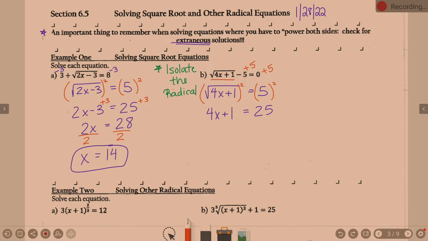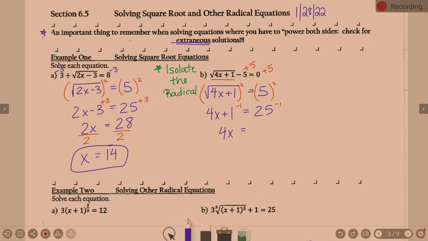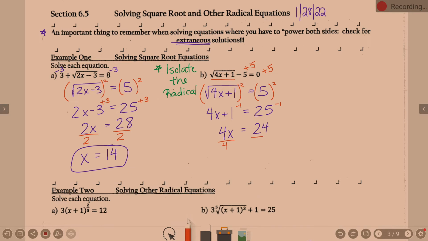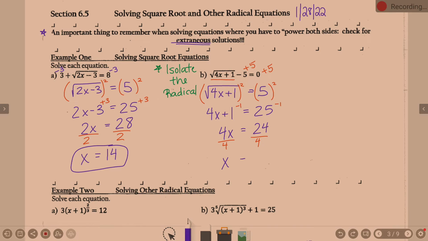Undo the operations. If it's 4x plus 1, we want to undo plus 1, so we subtract 1. So 4x equals 25 minus 1, which is 24. If it's 4 times x, dividing by 4, x equals 6.